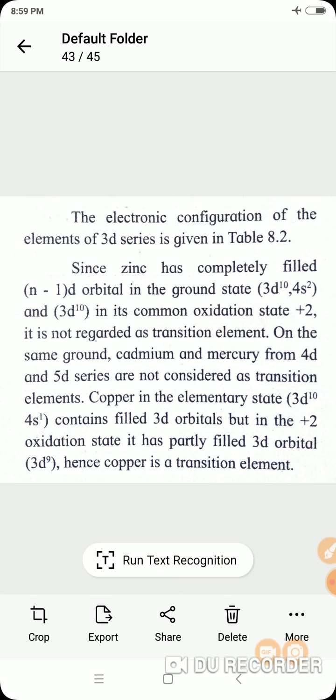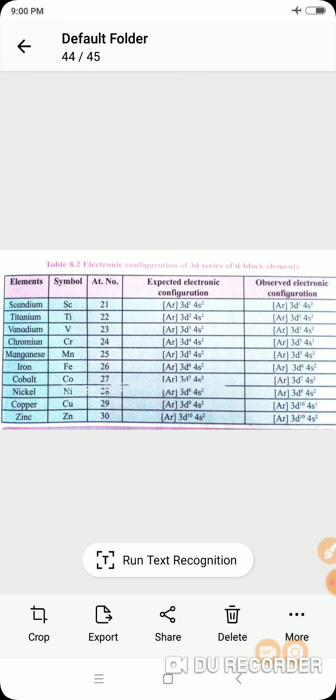Now, the electronic configuration of the elements of the 3d series is given in Table 8.2. When we observe the table, we understand the electronic configuration of each and every element. The first column is of elements, then symbol, atomic number, expected electronic configuration, and observed electronic configuration.